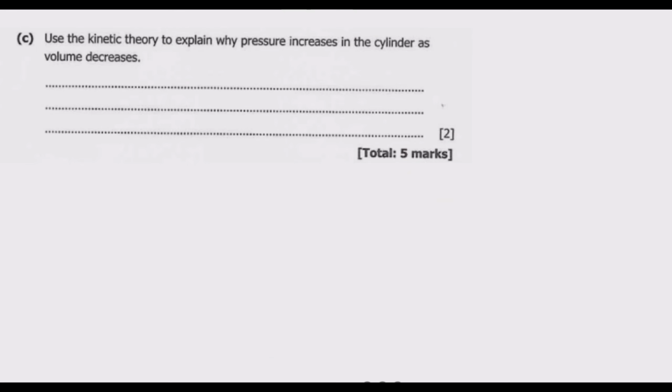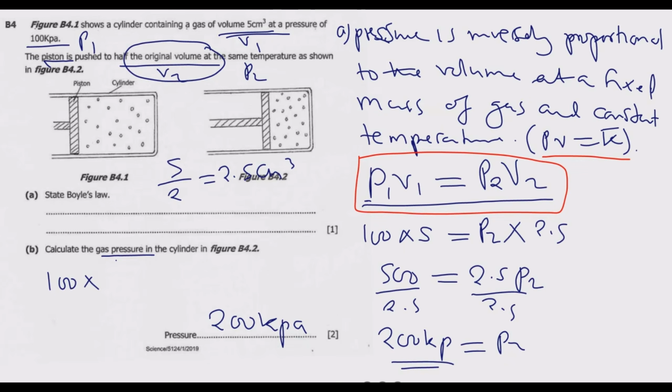Use the kinetic energy theory to explain why pressure increases in the cylinder as the volume decreases. So that's C. What you notice here is that gas molecules will be left with less space.